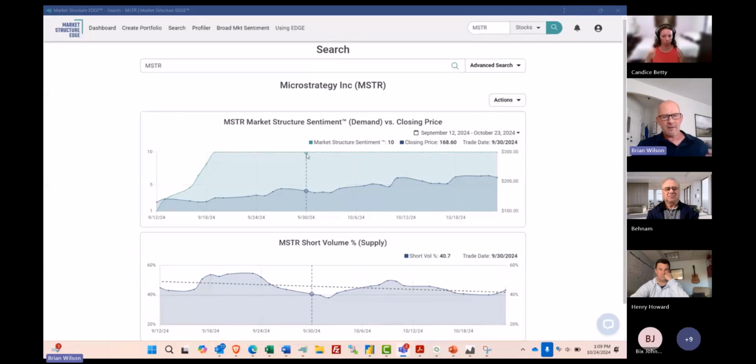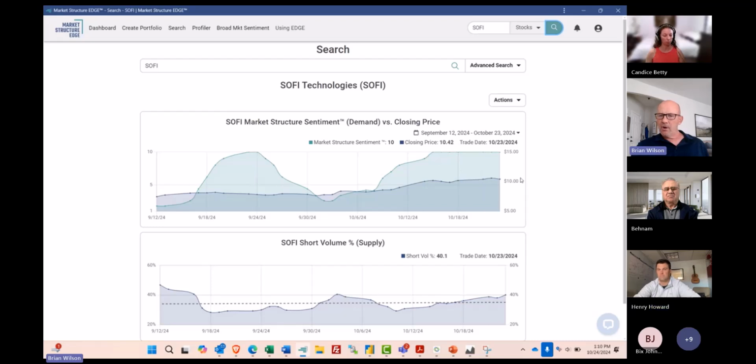I recognize that. But once again, once in a while, if you can catch those outliers, look at what happened to MicroStrategy. If you caught it at 150, even up at 160, and it was trading up to 220, absolutely incredible gains. Once again, some of these are outliers. Let's look at SoFi.